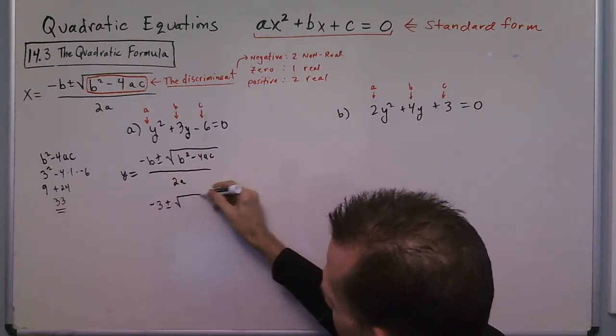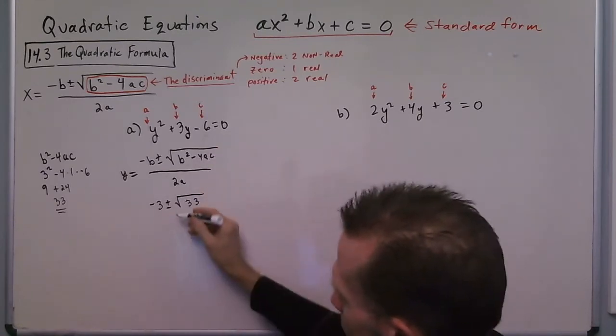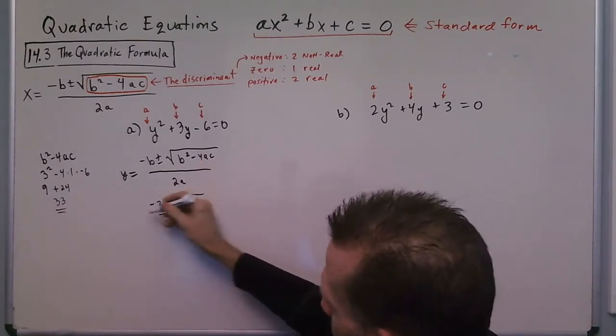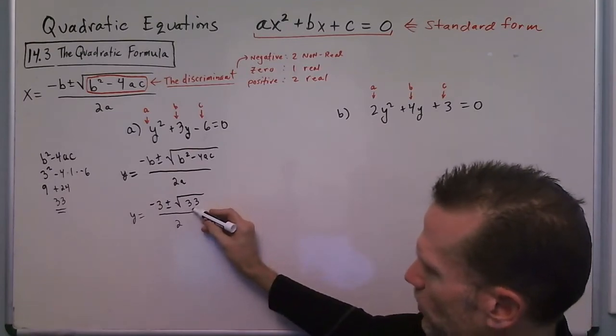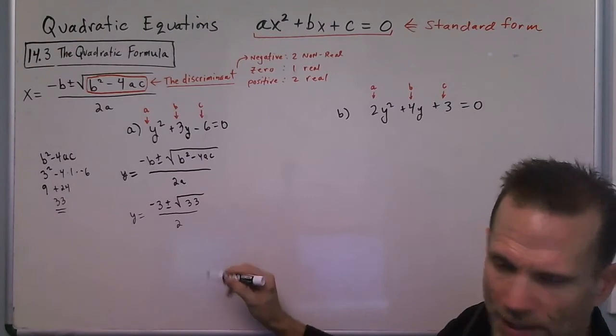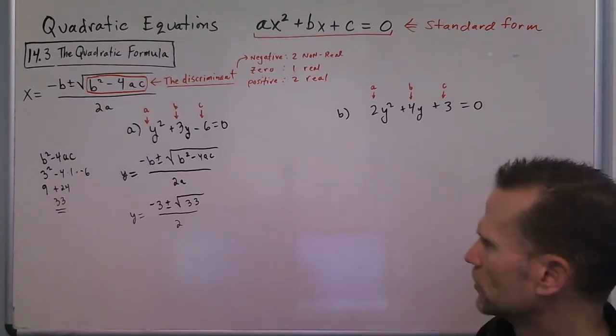We've already calculated this b squared minus 4ac, so I'm just going to write in the 33, and then that's over 2. And the square root of 33 won't simplify, and this is actually our answer right here, the 2 solutions.